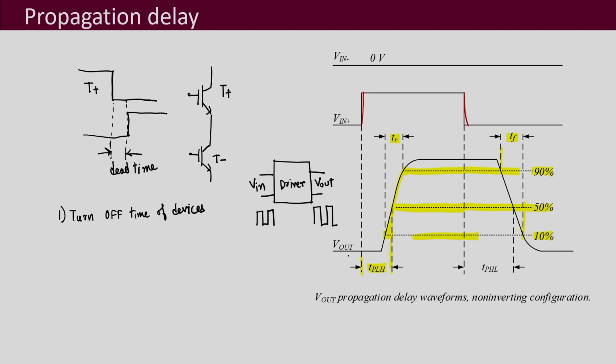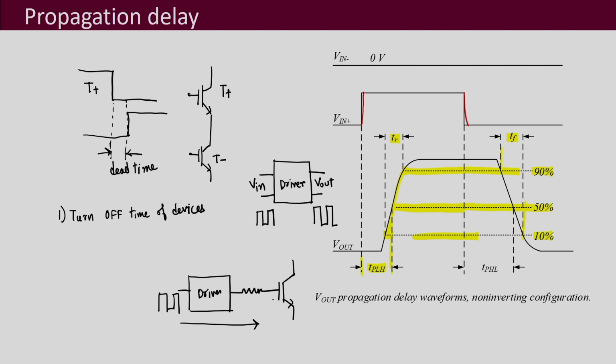And the second important thing that you should be looking for while deciding your dead time is the propagation delay of the driver. And why is it important? Because you have this driver and then you have the gate resistor, and then this gate pulse goes to the IGBT. Here you have the PWM pulse that is coming out, so it actually passes through the driver.